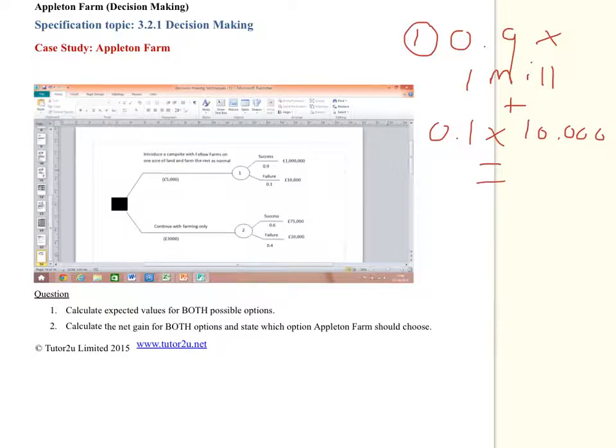And this will give us our expected value for this particular choice, meaning the average if we were to repeat this decision over and over again, not just one time.